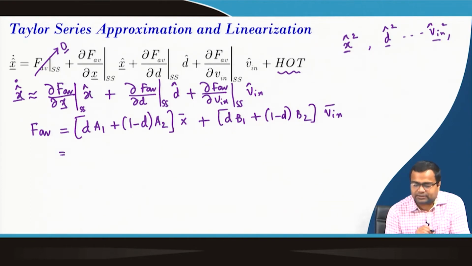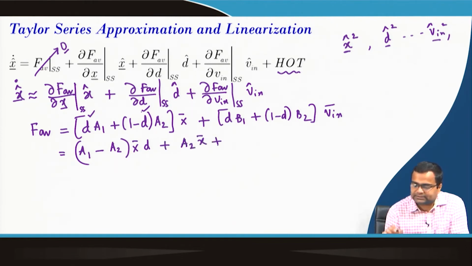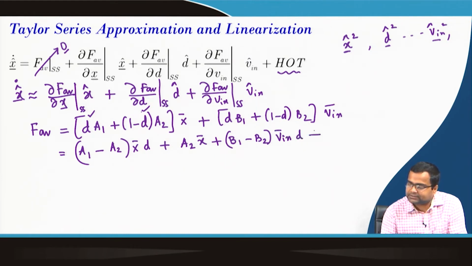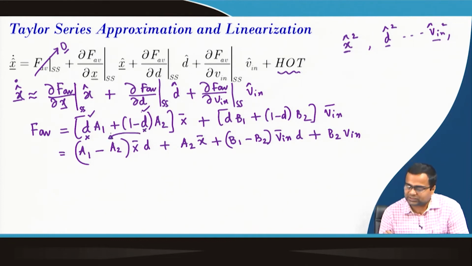So, you can write further, we can take A1 minus A2 into x into d plus A2 x, plus B1 minus B2 into v_in into d plus B2 into v_in, because these terms are accumulated to get this term. Similarly, this term and this term are accumulated to get this term.